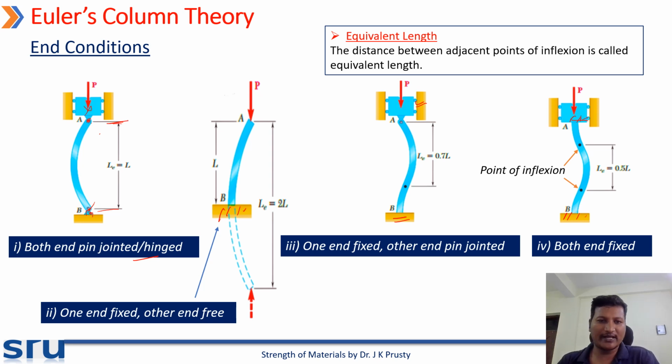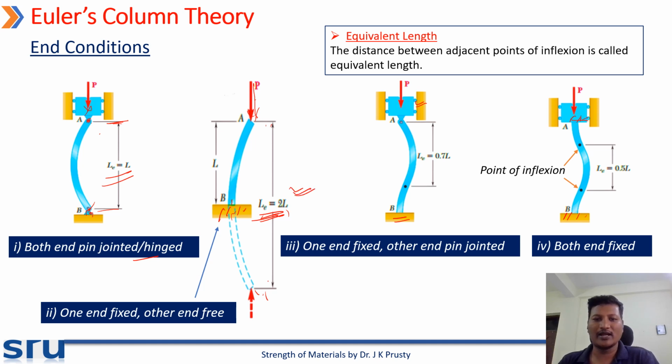In the second case, because of this load there is a deflection, and if you complete this, you will find the point of inflection somewhere here. The distance between the points of inflection is LE. So for both ends hinged, LE is equal to L. For one end fixed and the other end free, the equivalent length LE is equal to 2L.